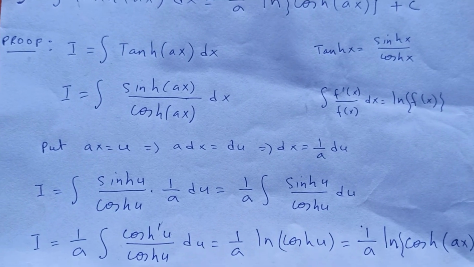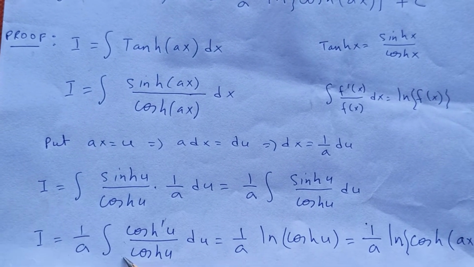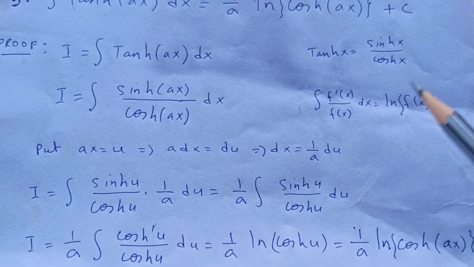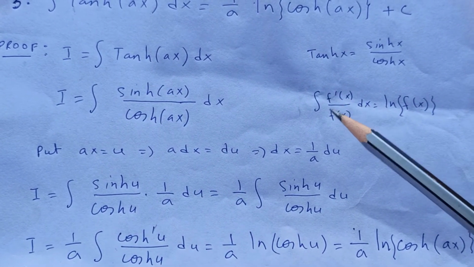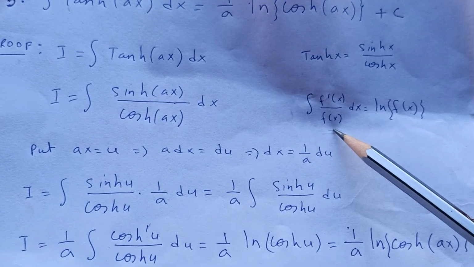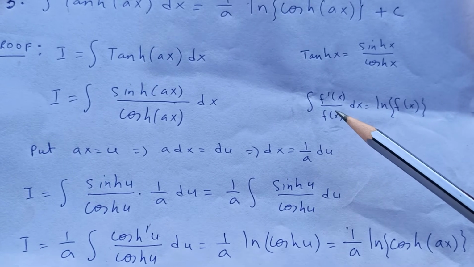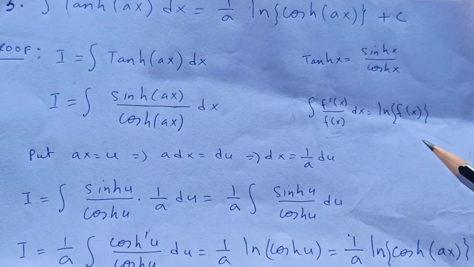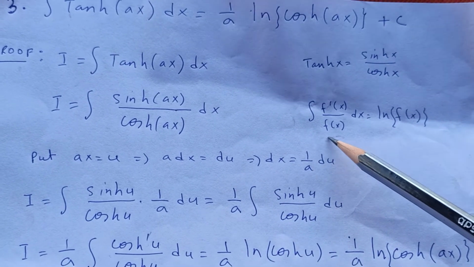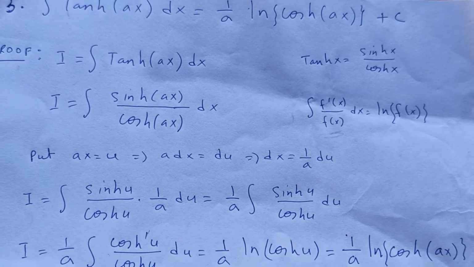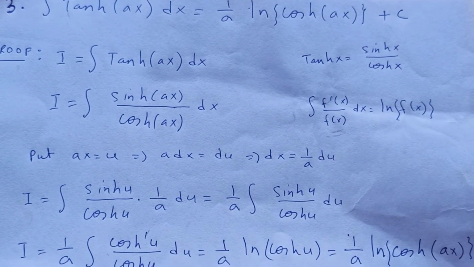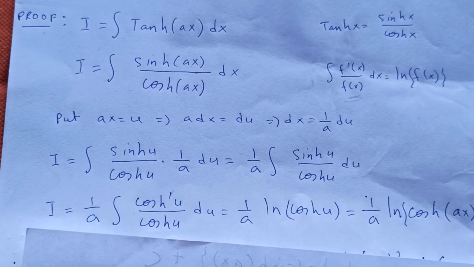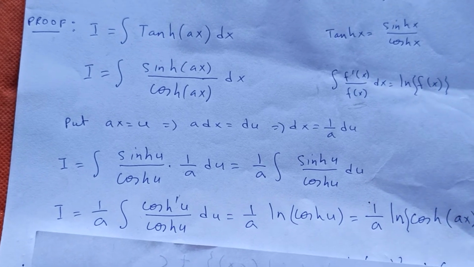Here we applied one technique of integration: if you integrate a function and the derivative of the function is in the numerator, then our integration will be natural log of our function f of x. This is something like integration by parts or integration by substitution, maybe one of them. I have already done that proof.